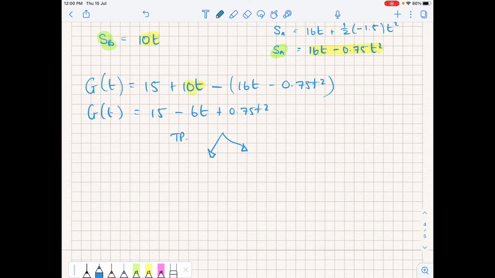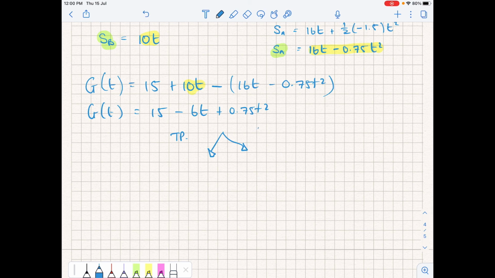We also know that the minimum value for any function is where the derivative, or actually in my case, this is not dy by dx, this would be dg by dt, is equal to 0, right? In order to find the turning point of a quadratic, we can just complete the square.